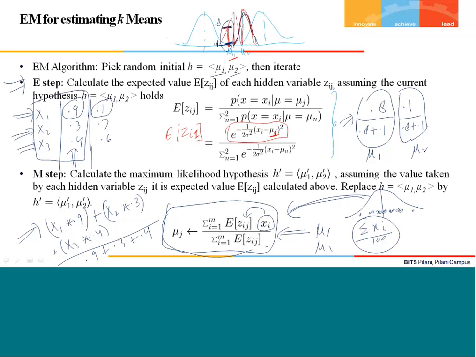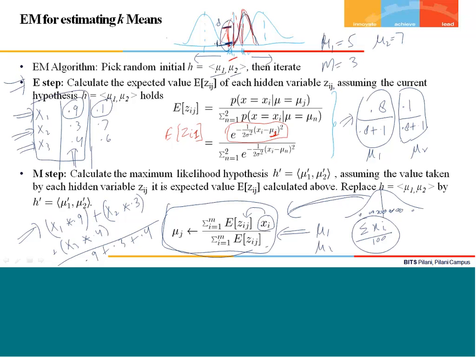Now in this step, for example, if you took the values mu1 equals 5 and mu2 equals 7 in the beginning, after this maximization step, these mu values get updated. mu1 may converge in this direction and mu2 in that direction.